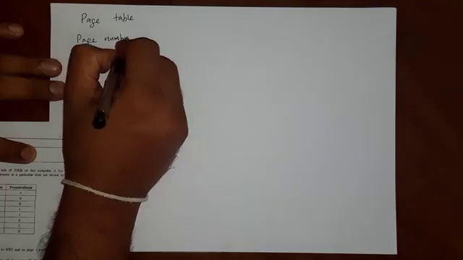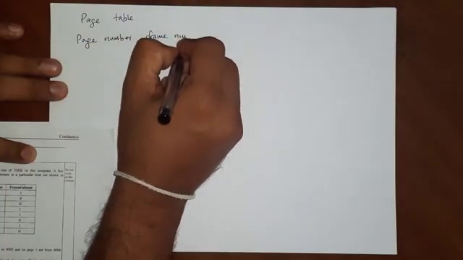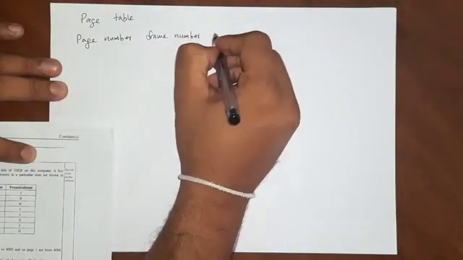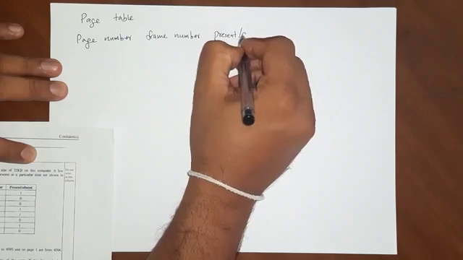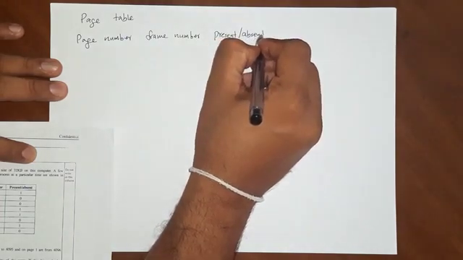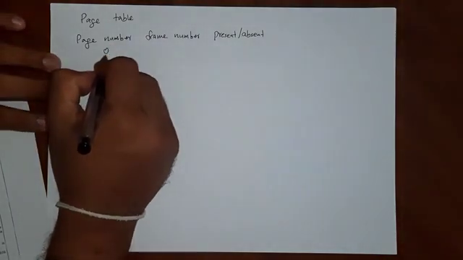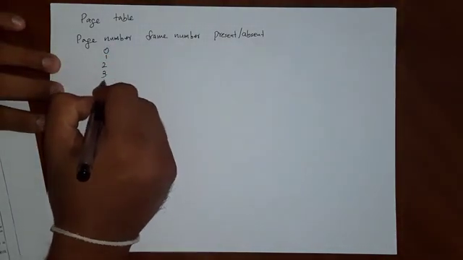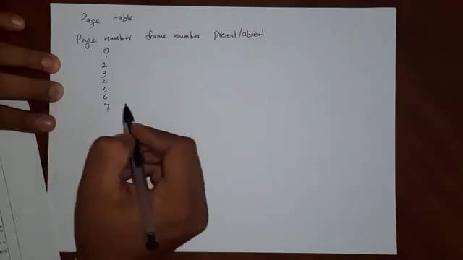You have the page number, frame number, and present and absent values. Pages 0, 1, 2, 3, 4, 5, 6, 7.